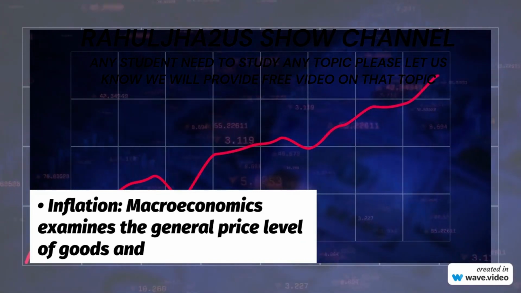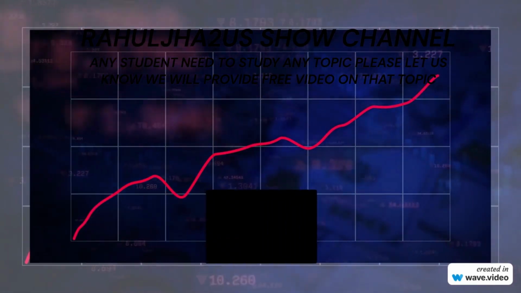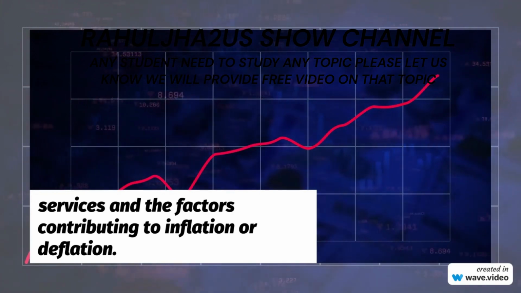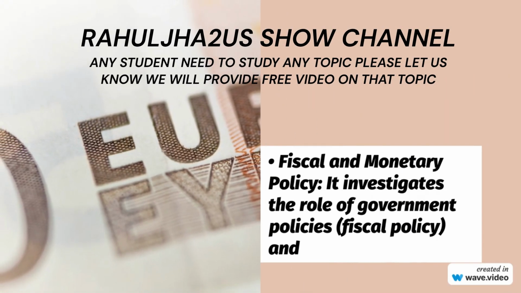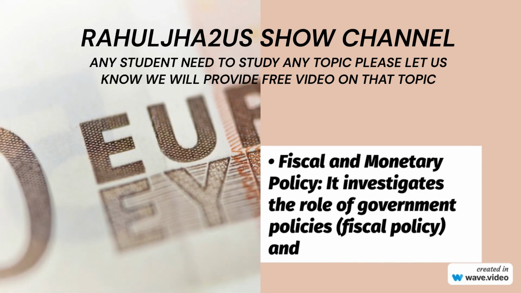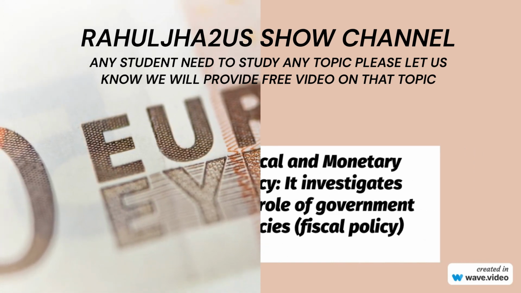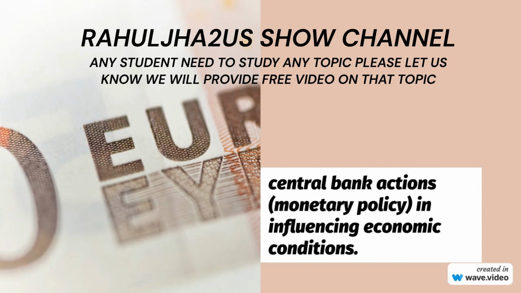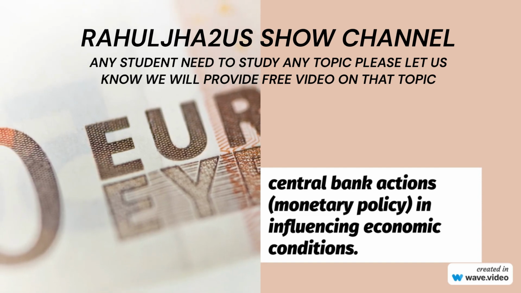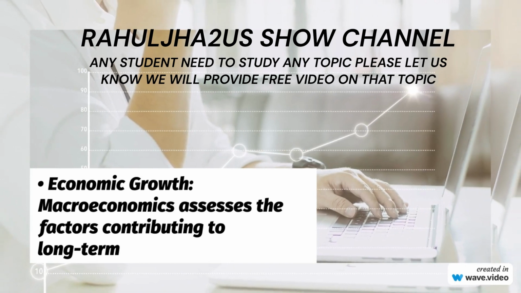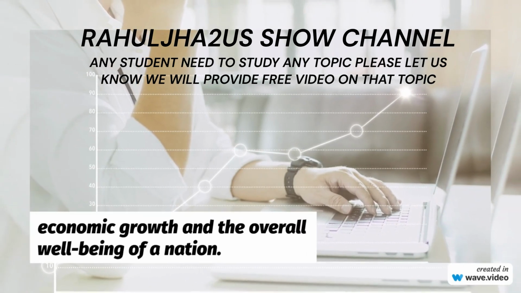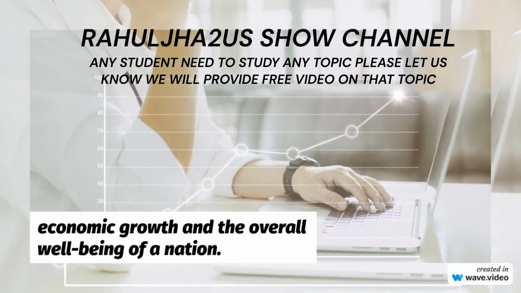Inflation. Macroeconomics examines the general price level of goods and services and factors contributing to inflation or deflation. Fiscal and monetary policy. It investigates the role of government policies, fiscal policy, and central bank actions, monetary policy, influencing economic conditions. Economic growth. Macroeconomics assesses the factors contributing to long-term economic growth and overall well-being of a nation.